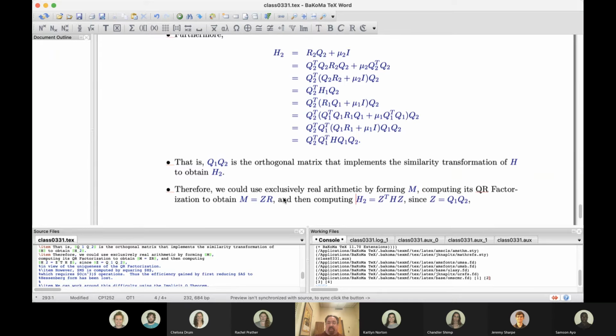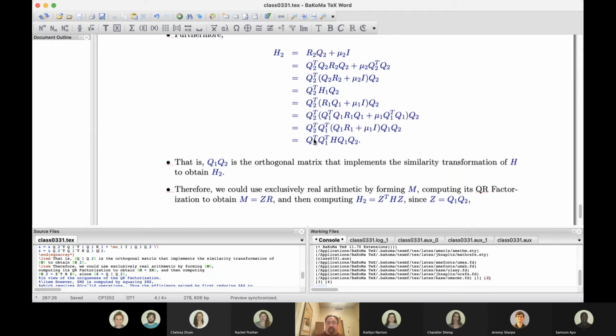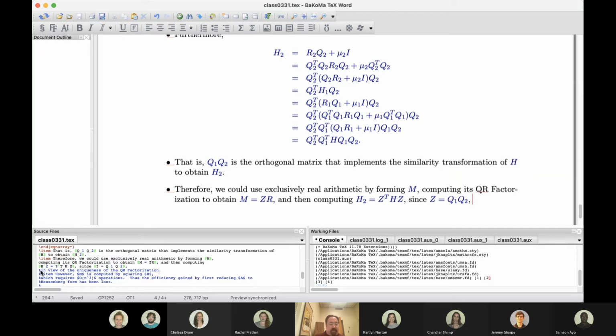And then we go ahead and compute Z transpose HZ. And then we have H2. So M is real, therefore the QR factors are real. Everything involved here is real. So we've managed to avoid complex arithmetic by taking advantage of the fact that the QR factorization is unique.